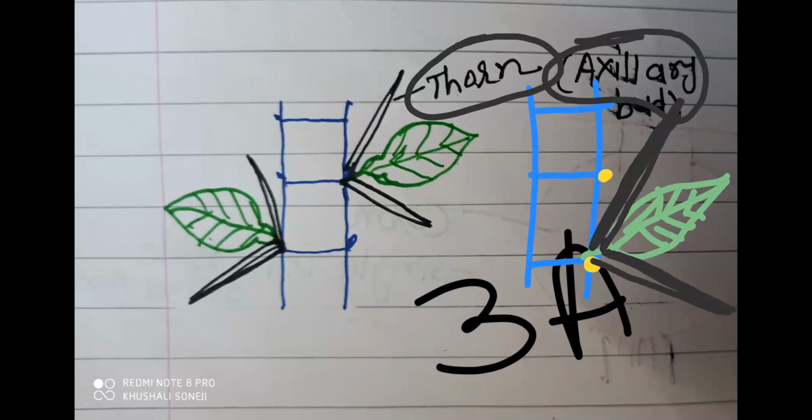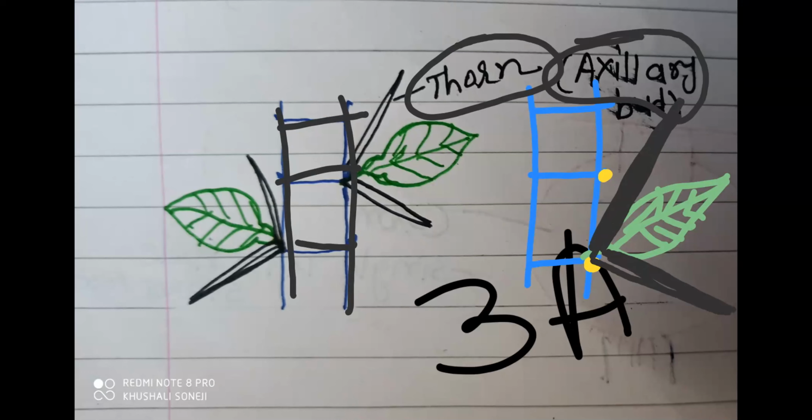Now, protection from what? Some of the animals have the ability to eat this stem part. Leaves are generally eaten, grazing, but if the stem part is also eaten by some animals, this type of animals we call browsing animals.